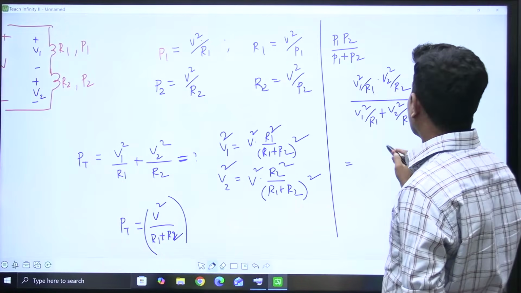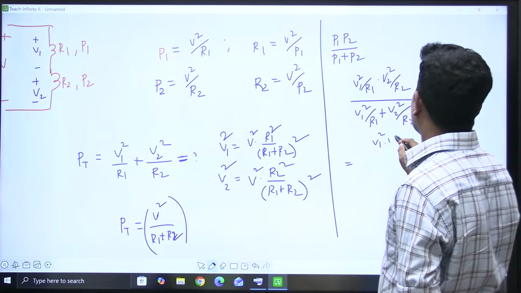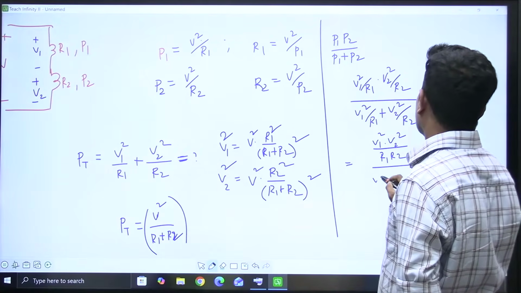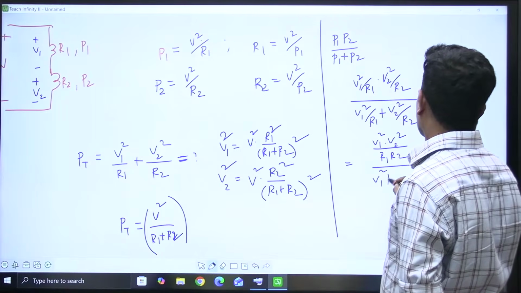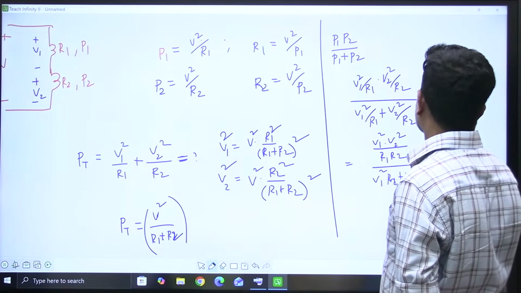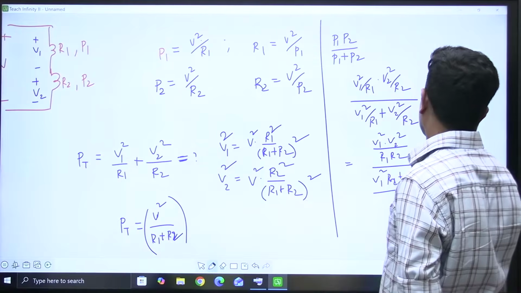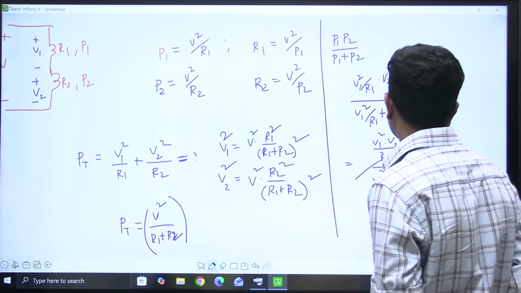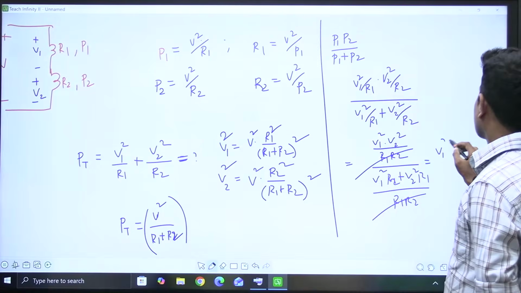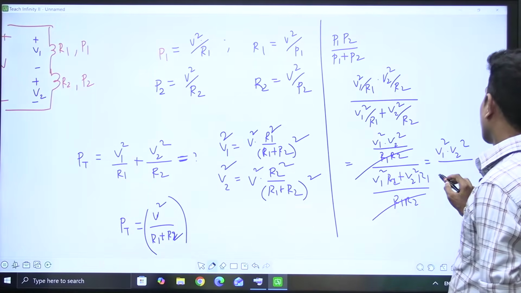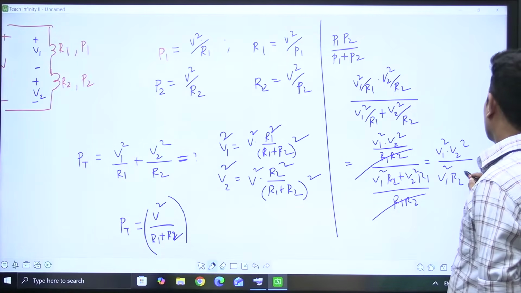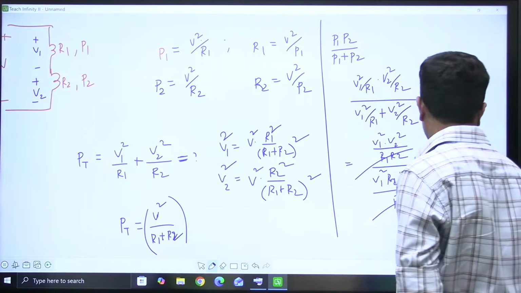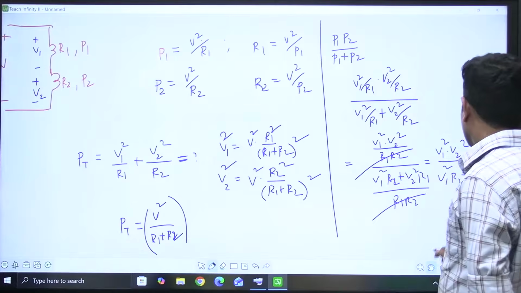Now V1 square into V2 square by R1 R2, over V1 square R1 plus R2 plus V2 square R1 by R1 R2, R1 R2 is gone, but it is not matching. V1 square into V2 square by V1 square R2 plus V2 square R1 we have. Let us substitute further.